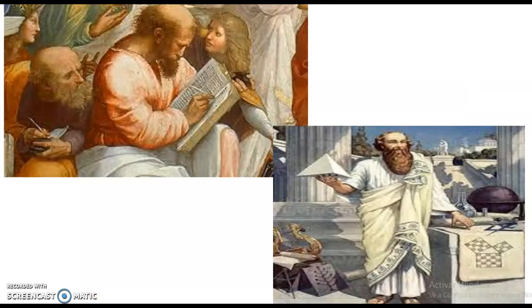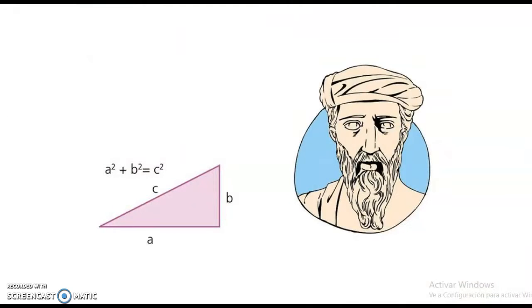Also, he is a mathematician considered the first pure mathematician. He contributed significantly to the advancement of Hellenic mathematics, geometry, and arithmetic, and other things. He was the creator of the famous Pythagorean theorem.